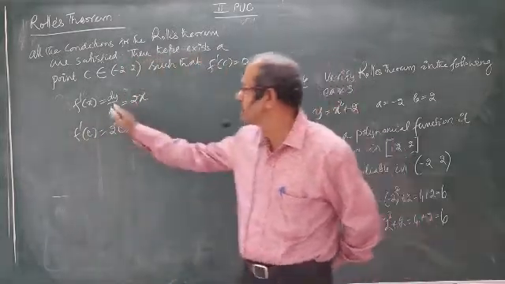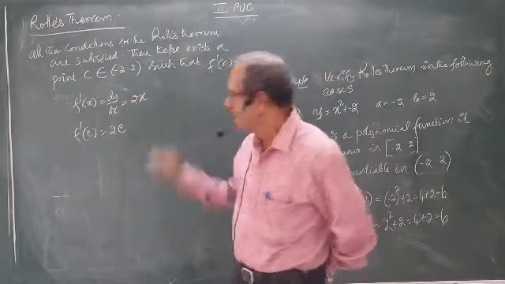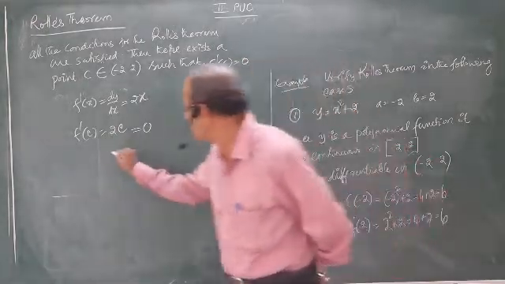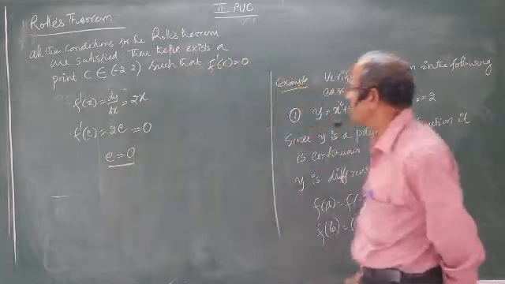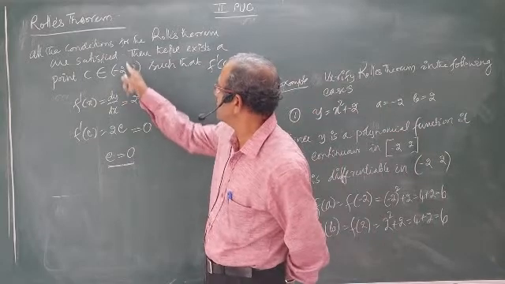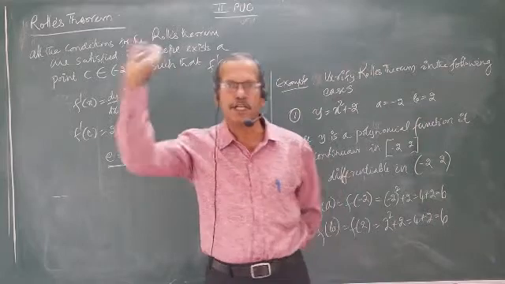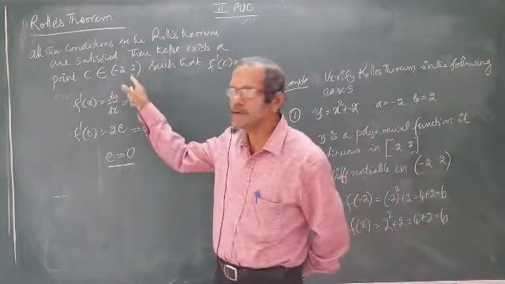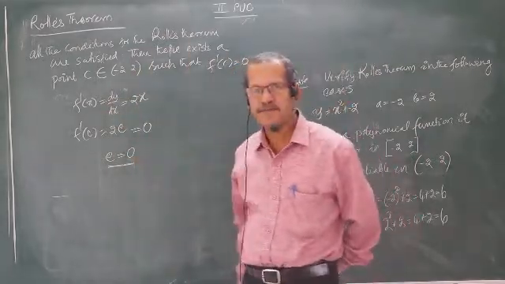Equal to 0 means c itself equals 0. You can find in the interval minus 2 to 2 one particular point, c equals 0. There you find f dash of c is 0, the derivative is 0. You are finding one particular point in the interval where the derivative of the function is 0. So c equal to 0.